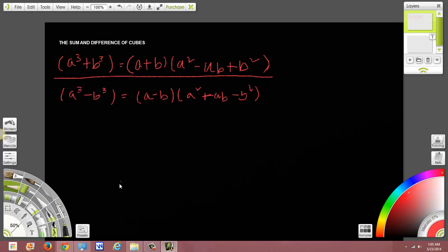Let's see, what is 8x cubed minus 125? We'll take a look. What adds?